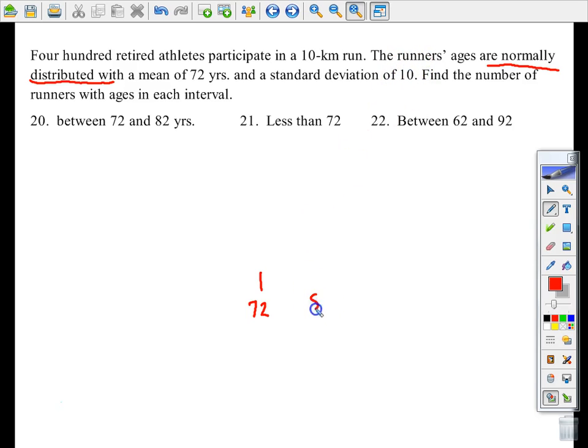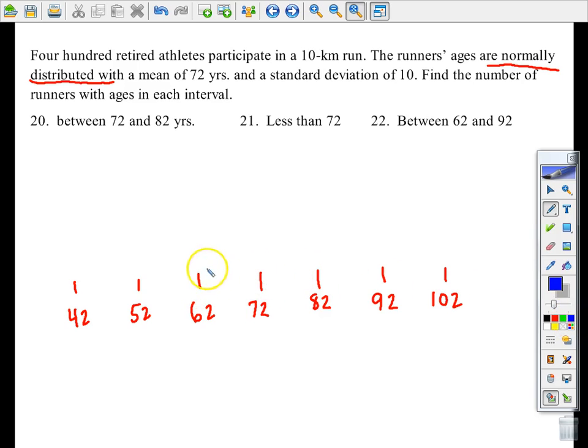So going to the right, I'm going to add 10, so that's 82, 92, 102. And going to the left, I'm just going to subtract 10, so that's 62, 52, and 42.